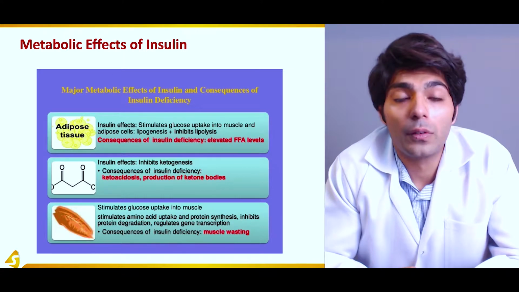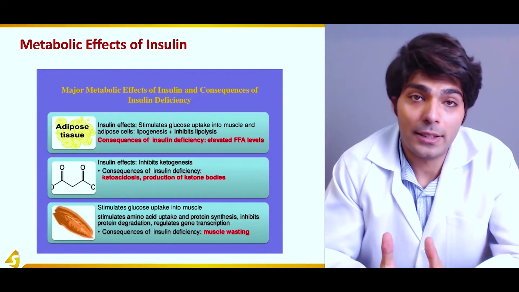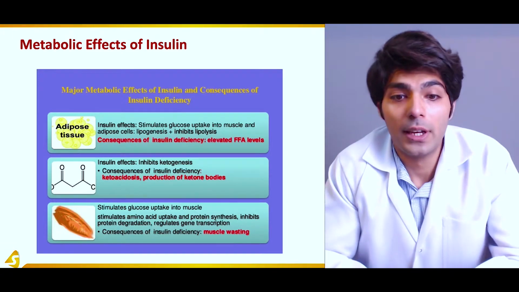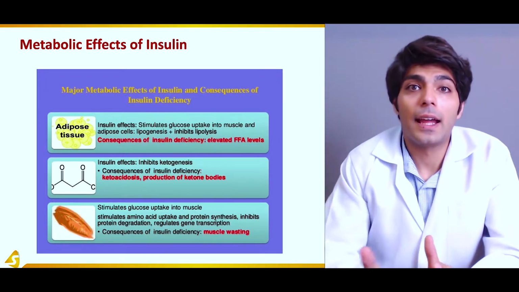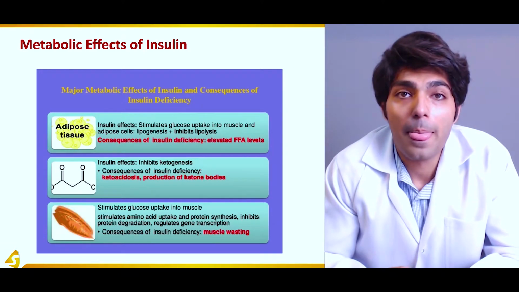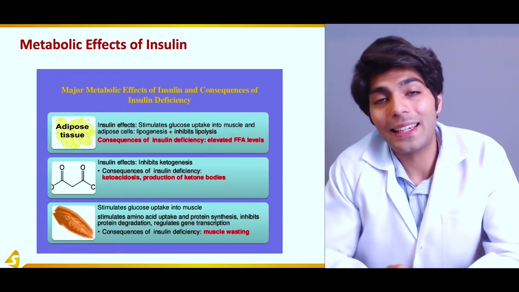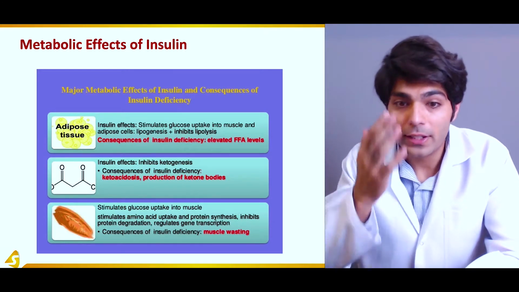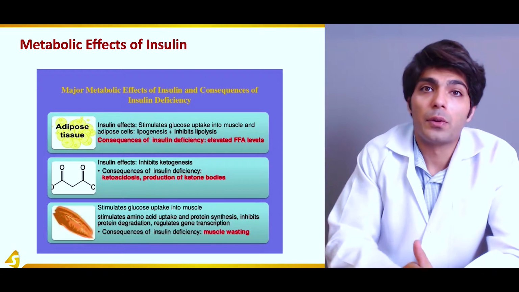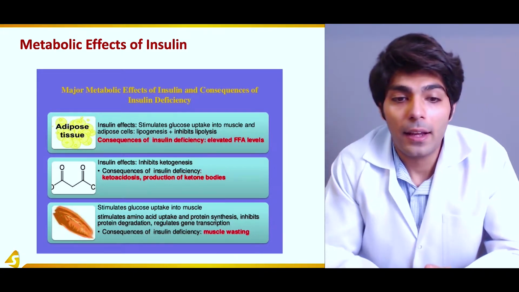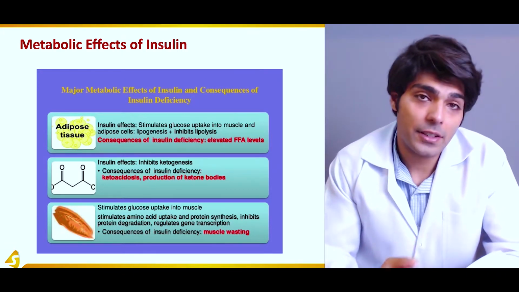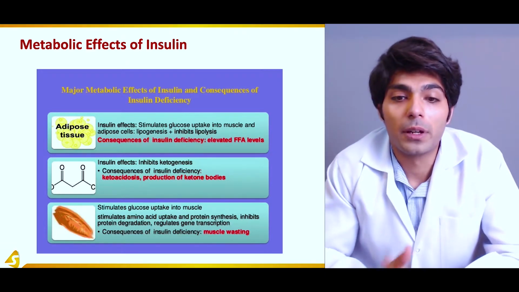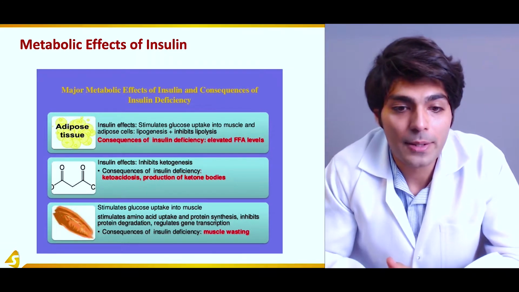The consequence of insulin deficiency is ketoacidosis, production of ketone bodies. Since we know that it is an anti-ketogenic hormone which inhibits ketogenesis and the formation of ketone bodies, if there is any deficiency in insulin, then there is formation of ketoacidosis and production of ketone bodies.